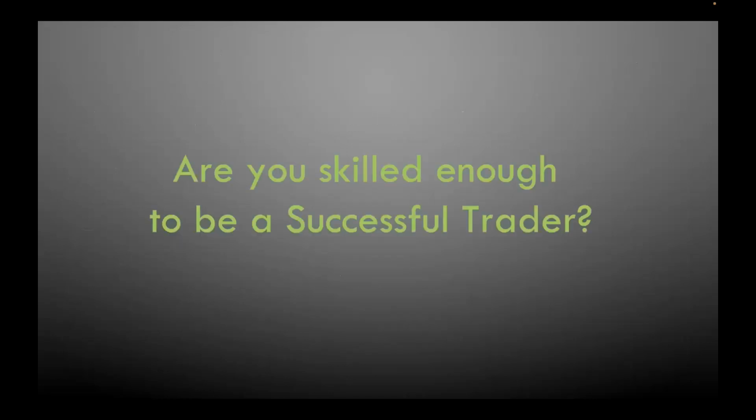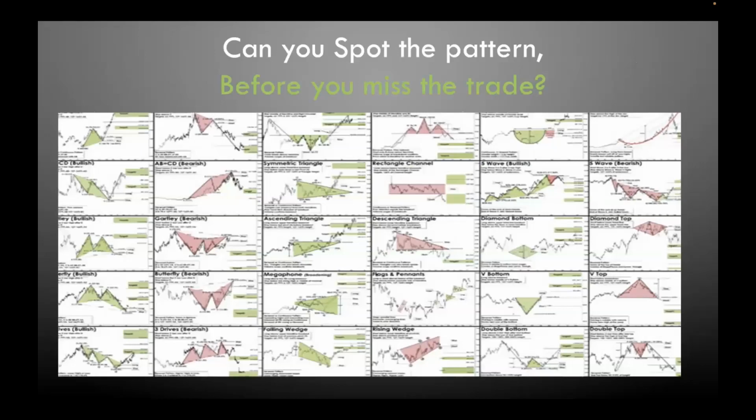To become a successful trader, you need to be able to read and analyze the chart, spot hundreds of patterns and trends, and then execute based on the input of all that data. This takes years to develop. So here are just some of the patterns, right? I know this is really small. You probably can't see all the details, but you get the gist of it.